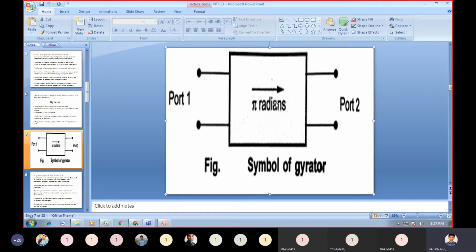This gyrator is basically a phase shifter with 180 degrees phase shift. So if you apply your input signal through port 1, port 2 will generate the signal with a phase shift of about 180 degrees. Just see the symbol of the gyrator, or else draw it in your notebook.